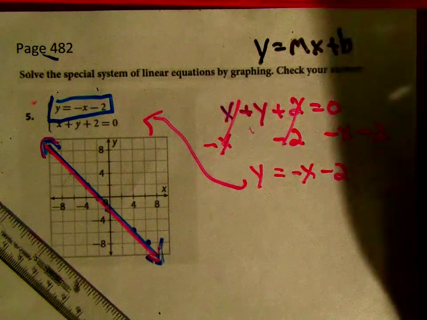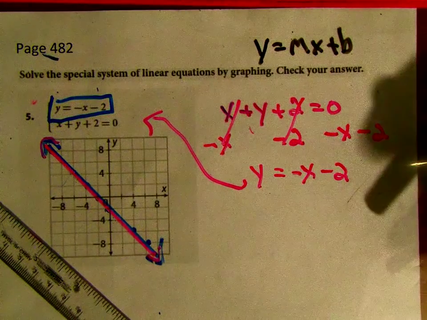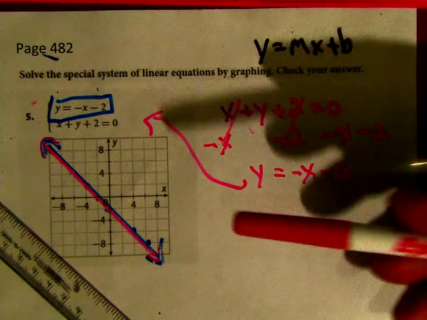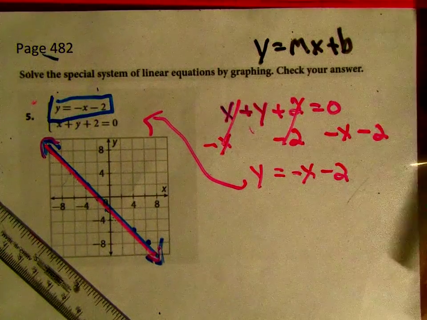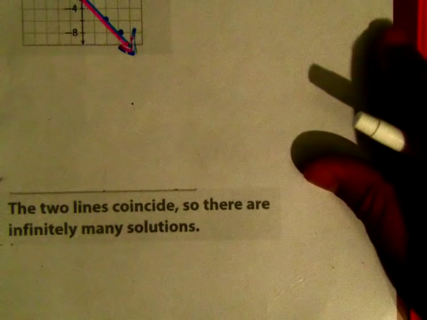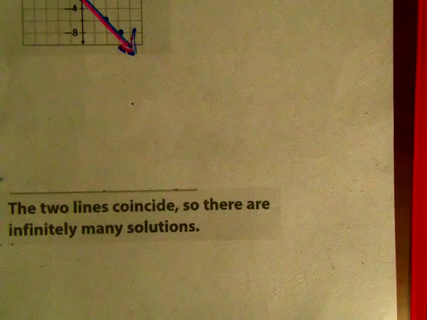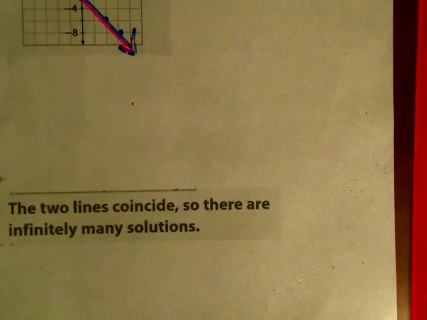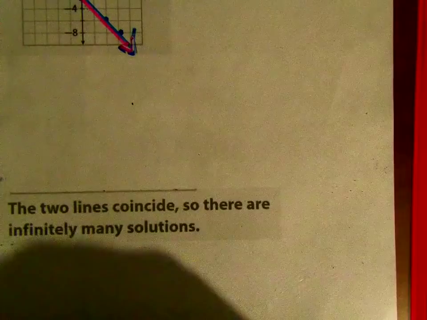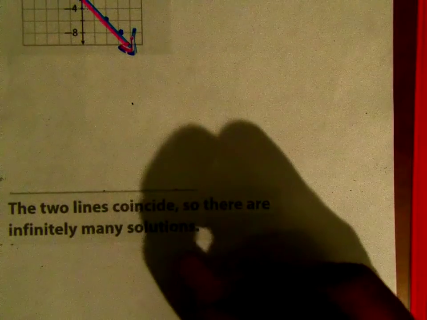What's our solution? Well, since every single number that you would put in for x and y for one equation would be the exact same as the other equation, the two lines are going to coincide, and the amount of solutions is infinite. So that's a special case. When your lines overlap like that, it's infinitely many solutions.